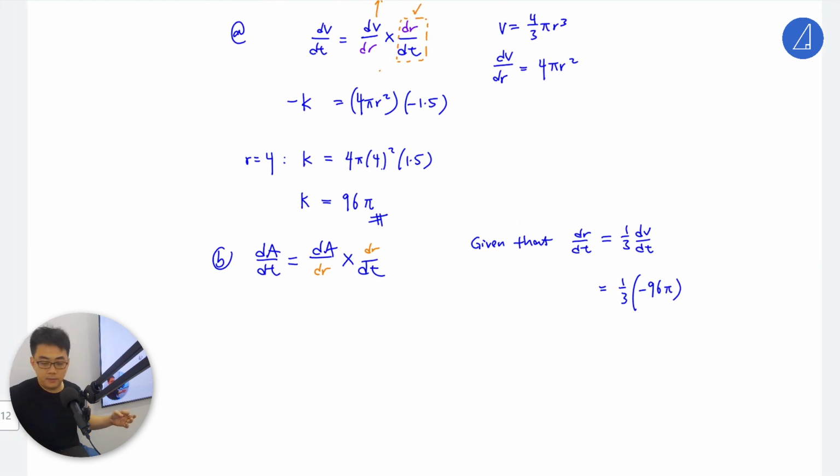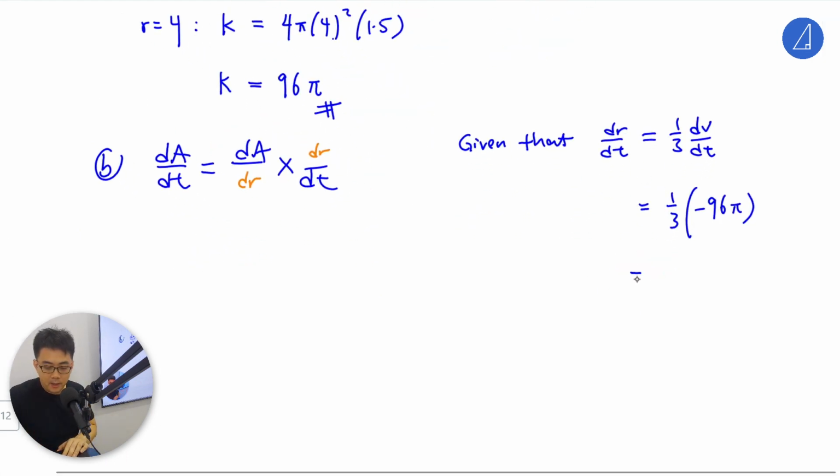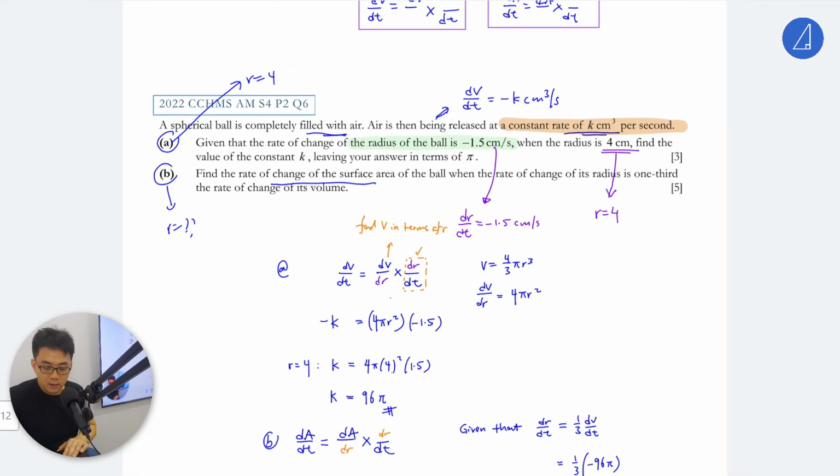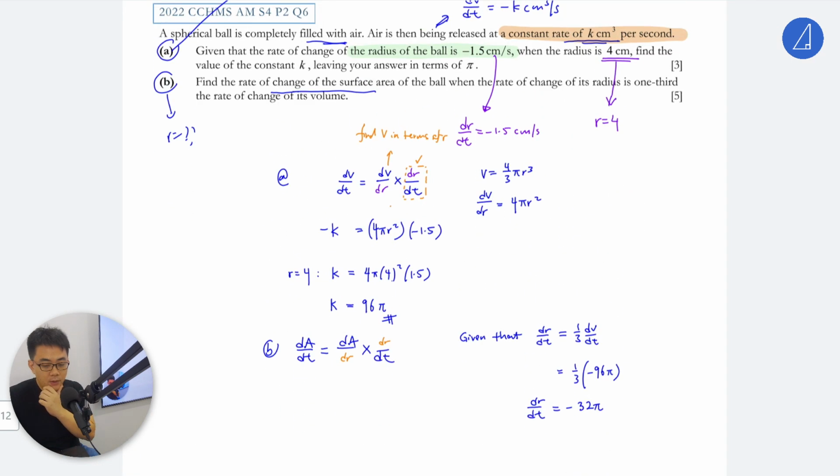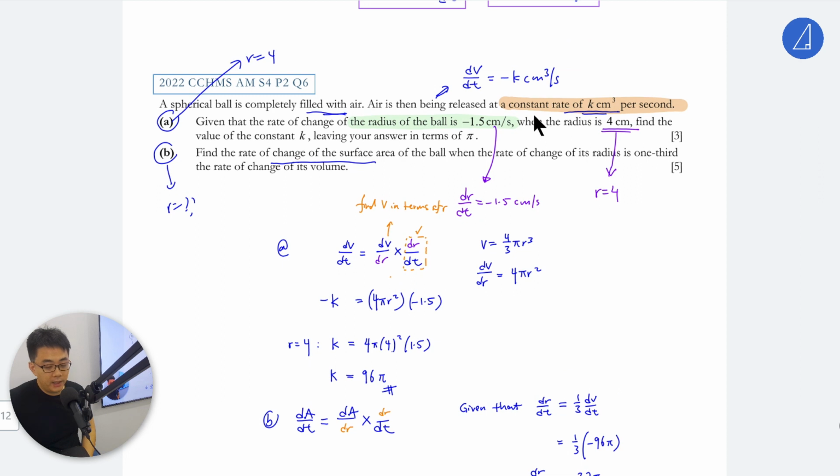It will no longer be 4 radius already, because dV/dt is constant. This rate is constant, meaning for A and B it will be the same rate, but dr/dt will be a different rate. Constant rate means now is the same, tomorrow is the same, 1 million years ago is the same. So the rate which is constant applies to all cases.